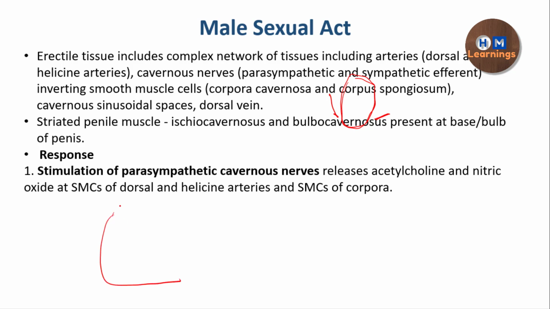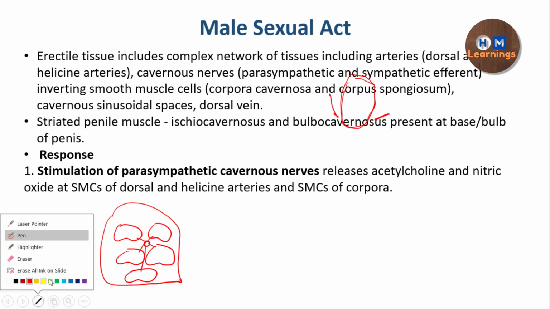If I again draw the erectile tissue, these are the sinusoidal spaces, and the space between them is basically the smooth muscle cells, and this is the dorsal artery, and its branches are emptying into the sinusoidal spaces.